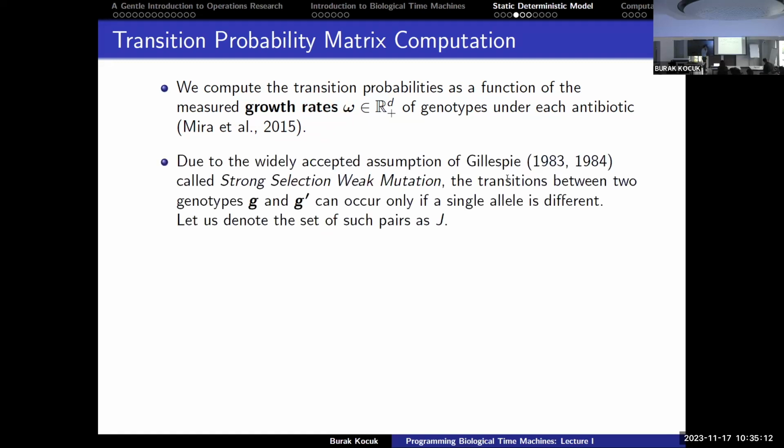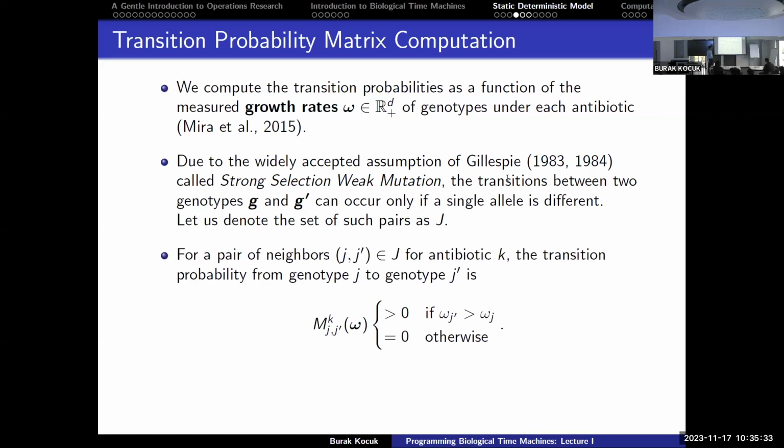And then what they did is they used this assumption, which says that if I apply an antibiotic, I can either get 1 more mutation or I will lose 1 more mutation. And we will denote the possible transitions with neighbors with the mutation gene. And okay, here is the biology that I sort of understand.